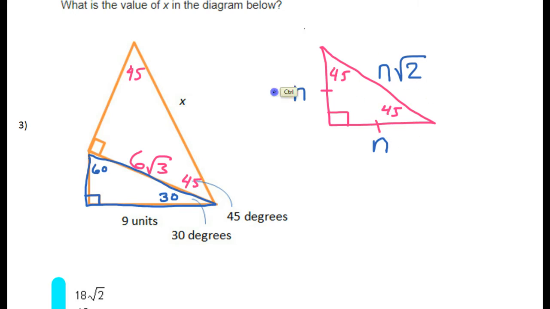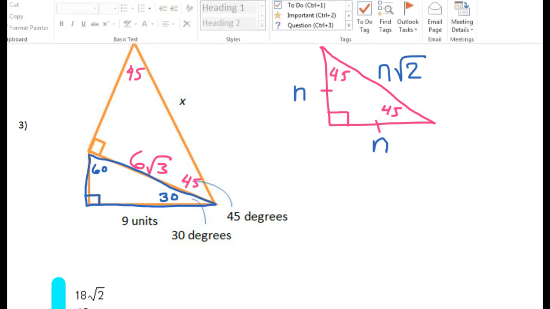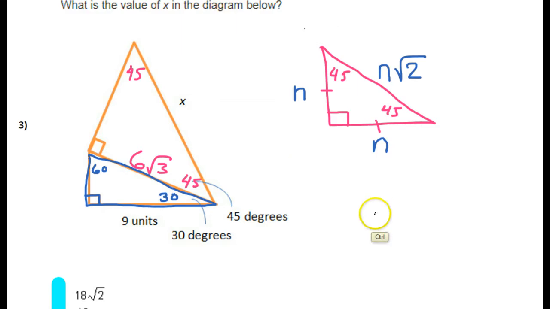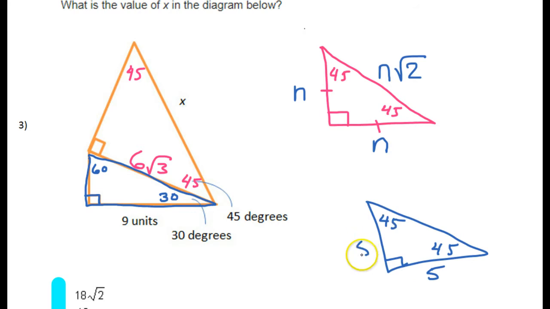Again, write this down. The way this normally works is, say I have a 45, 45, 90 triangle down here. If this was 5, then this would be 5, and this would be 5 radical 2. That's the way it usually works.